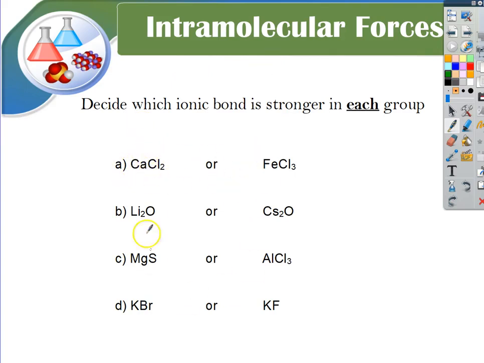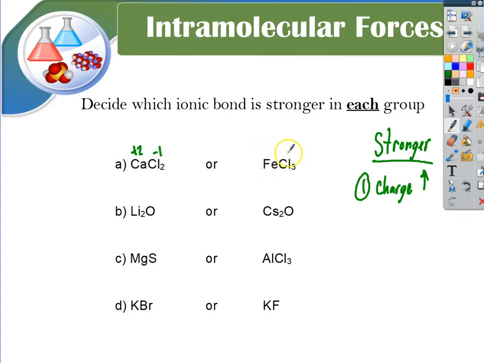So all of these are ionic. They have a metal and a non-metal. So comparing these two, if I want to know if something is stronger, the first thing I would look at is the charge. I want a higher charge. So on the periodic table, calcium is a +2. Chlorine's a -1.